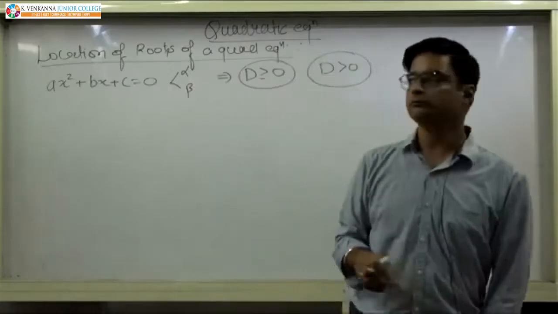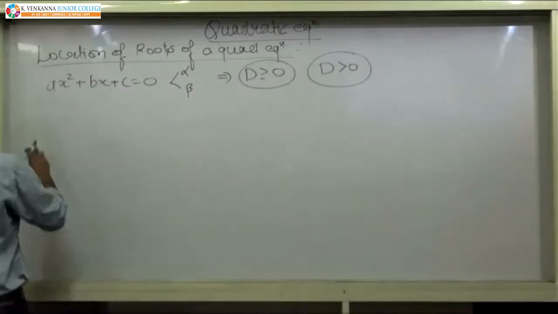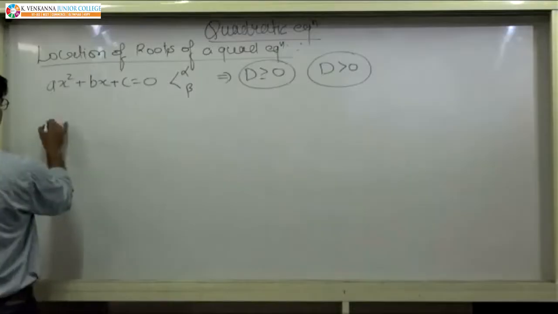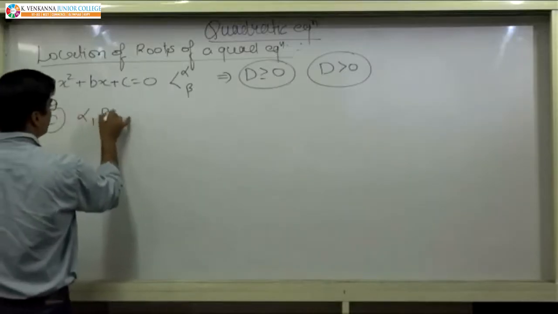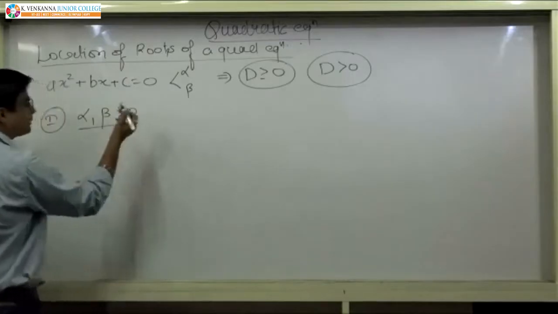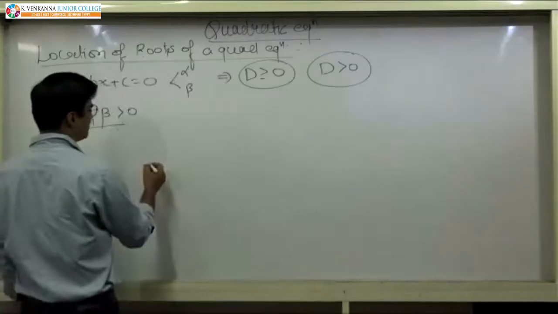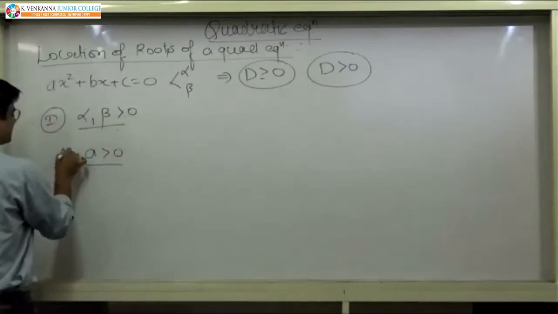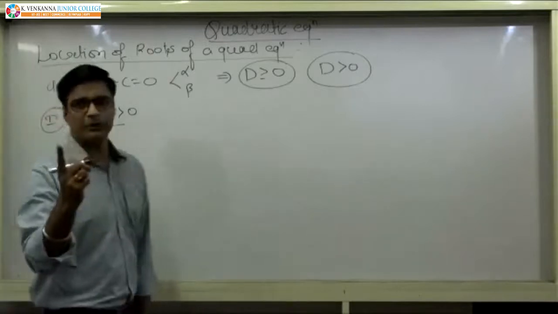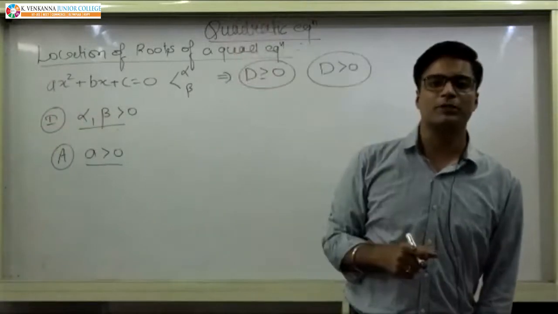Now we considered three cases. First case was, let's say both alpha and beta are positive. I'm just going to recap quickly. A can be positive or negative. If A is positive, then your parabola opens upwards.